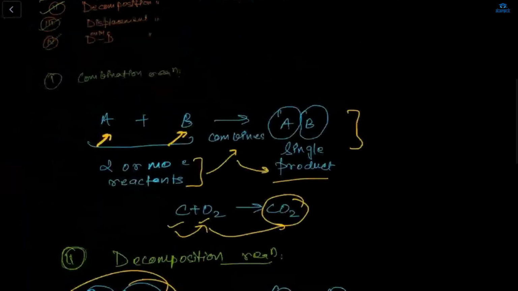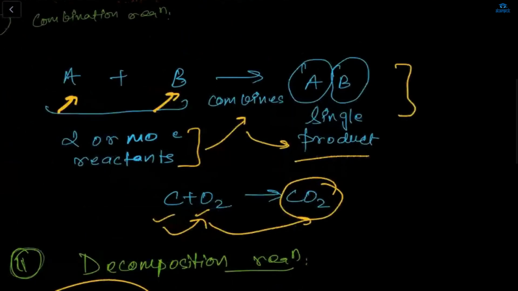Okay, let me show you. Ma'am, when A plus B is equal to AB, this is definition wise: two or more reactants are getting combined, and after combination, they are forming a single product. So this is a combination reaction. And ma'am, decomposition is the opposite of the combination reaction.